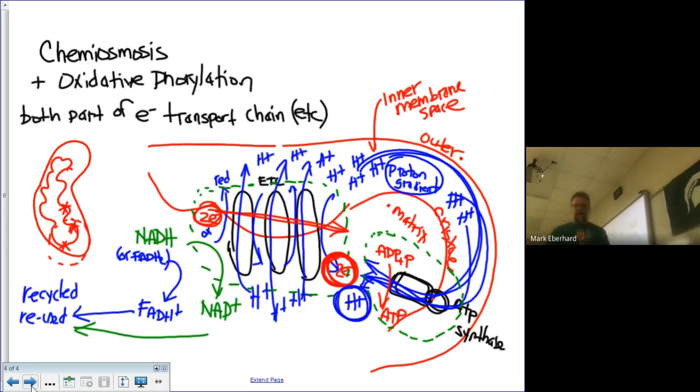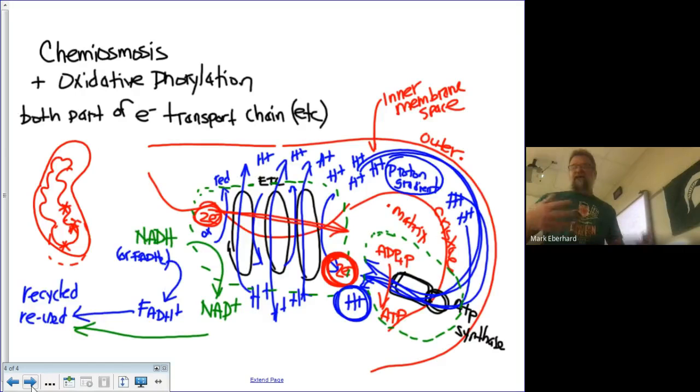You cannot have free charged ions building up in the body. They're going to disrupt a lot of chemical structures, destabilize proteins, etc. So I have to account for those two electrons and that hydrogen. Somebody's got to take them.